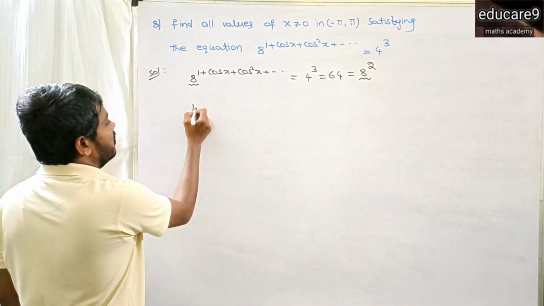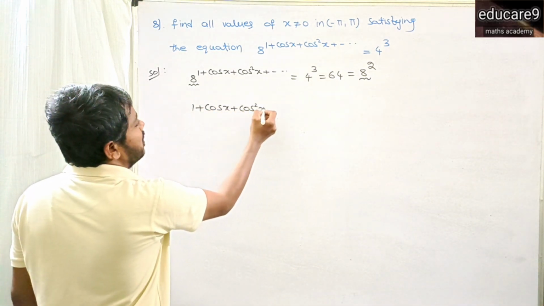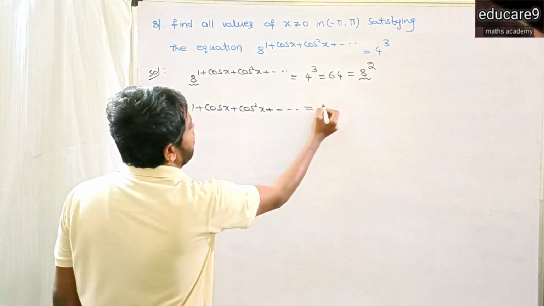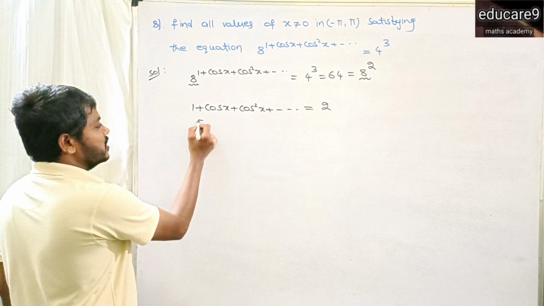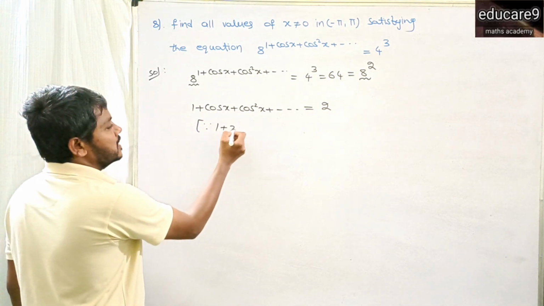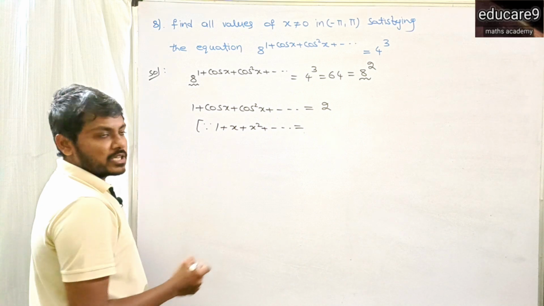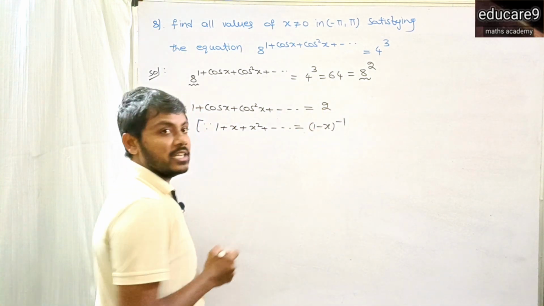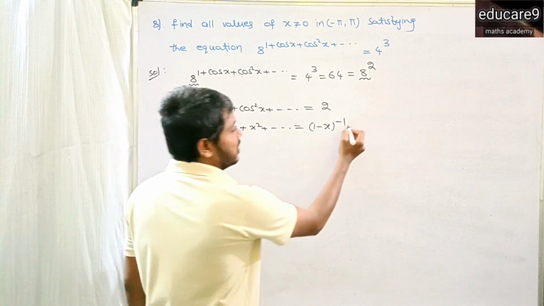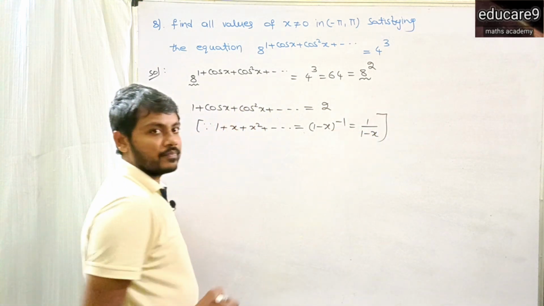That is 1 plus cos x plus cos square x and so on, which is equal to what? 2. See here one of the formulas. Since 1 plus x plus x square and so on can be written as (1 minus x) whole to the power of minus 1, and this can also be written as 1 by (1 minus x) simply.